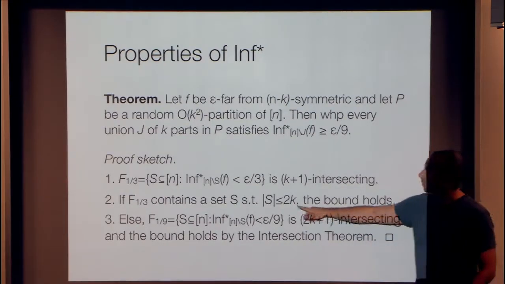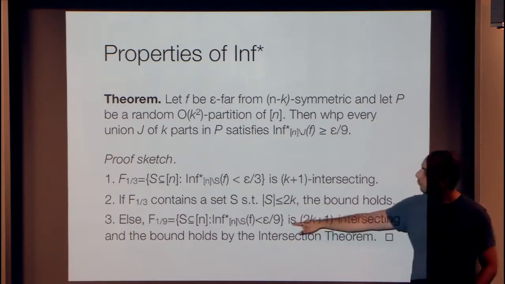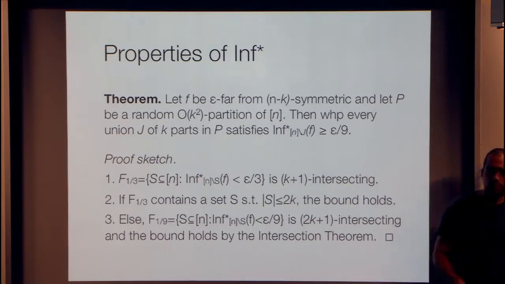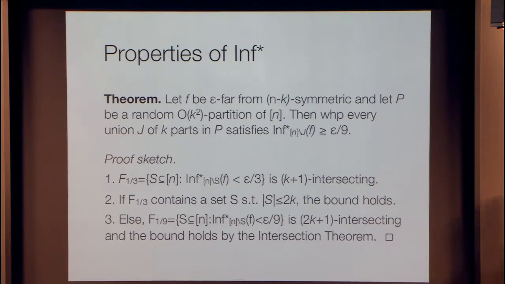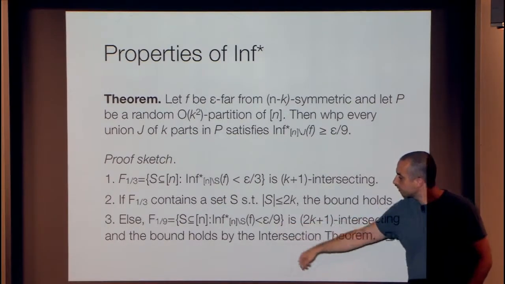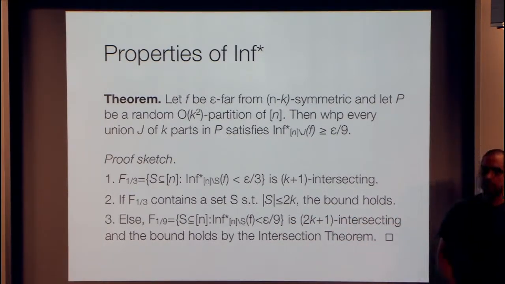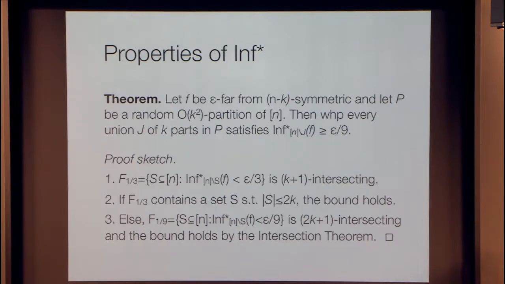And on the other hand, if there's no small set, then I can actually boost this by looking at the family of even worse sets whose complements have even smaller influence, and I get a larger guarantee on the intersection size.